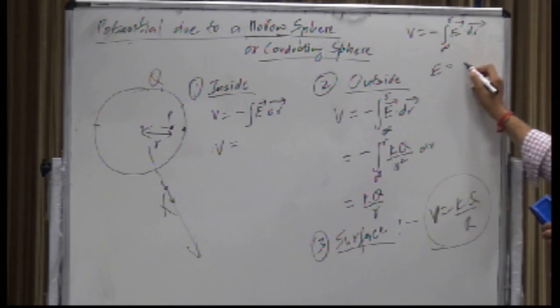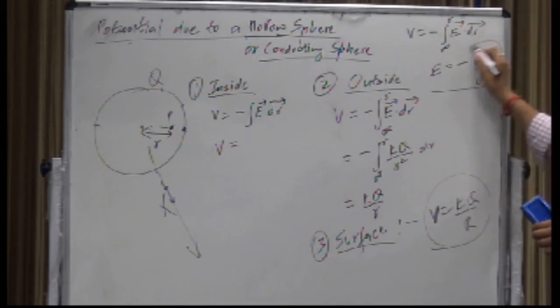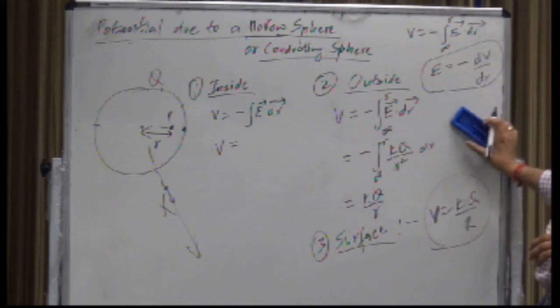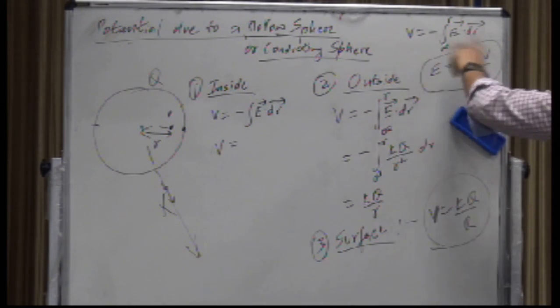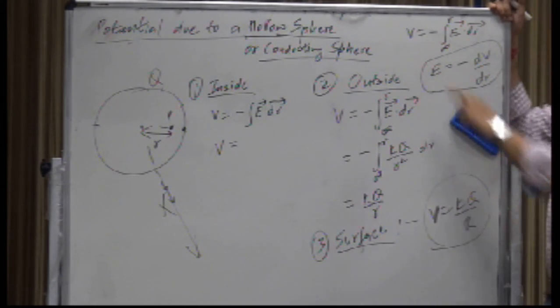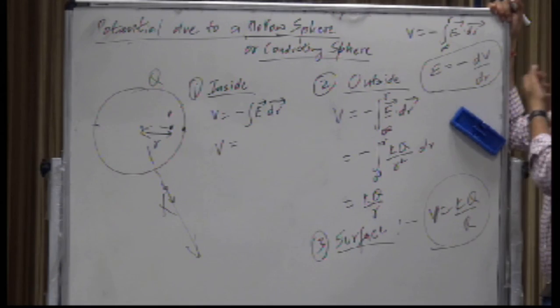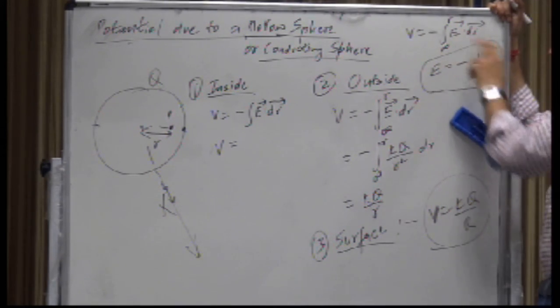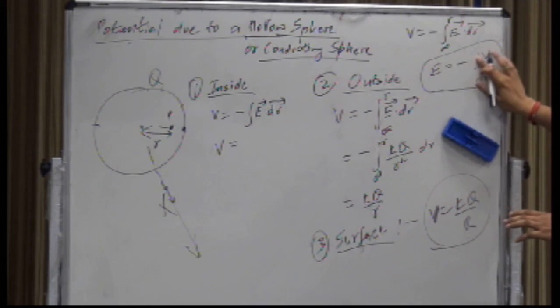E is minus dV by dr. E is the negative derivative of potential with distance, right? I just differentiated it. I just found dV and brought dr down. It's a dot product वैसे, which means it should be a partial derivative.